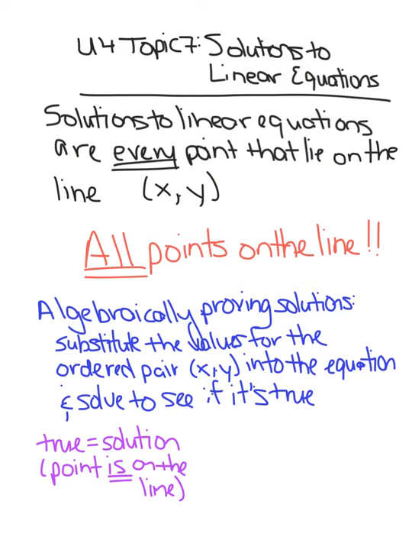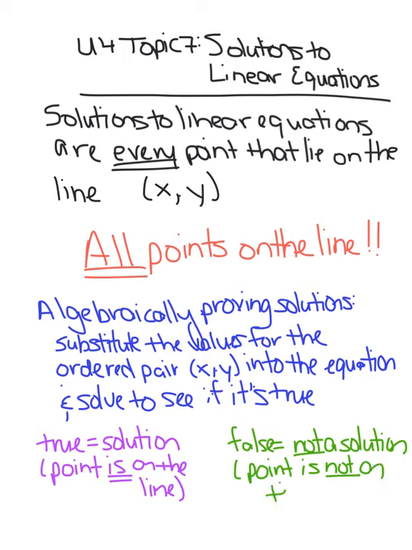If it's a false statement, so if you end up with something that's false, that means it's not a solution, or the point is not on the line. So we're going to plug in our values for our x and y into our equation, and then we are going to solve and see if it's true or not, to see if the point is on the line or not, and if it's on the line, it's a solution.